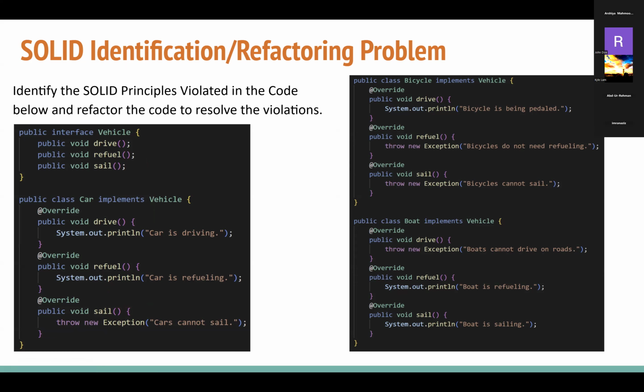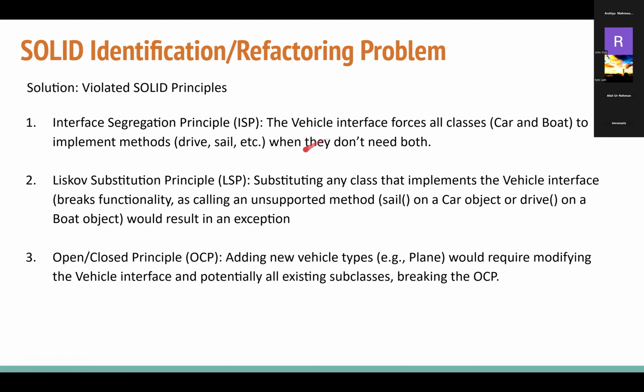So that's essentially the reason why that doesn't work. Substituting any class that implements the Vehicle interface breaks functionality, as calling an unsupported method such as sail on a Car object or drive on a Boat object would result in an exception. So you can't perfectly substitute Car for Vehicle, right?